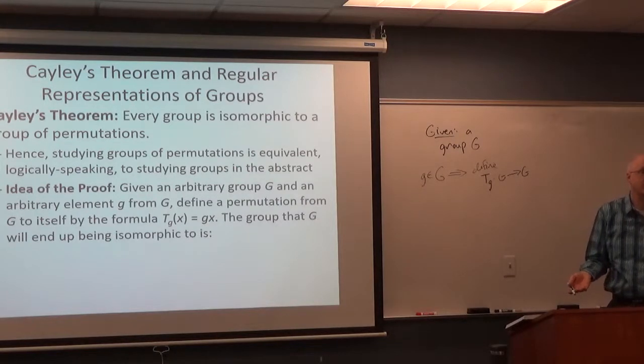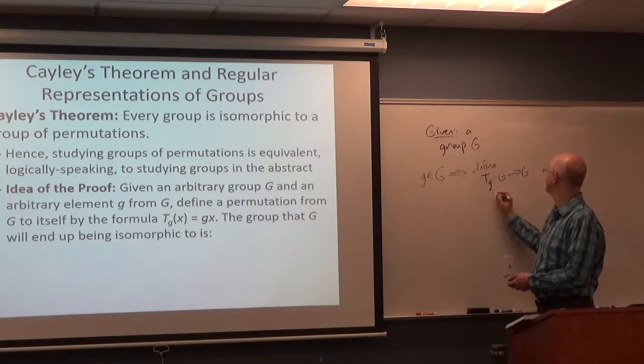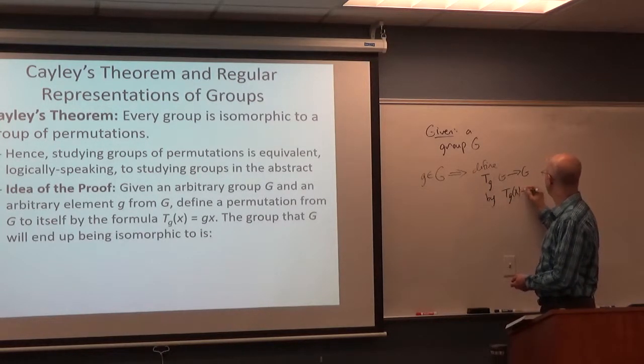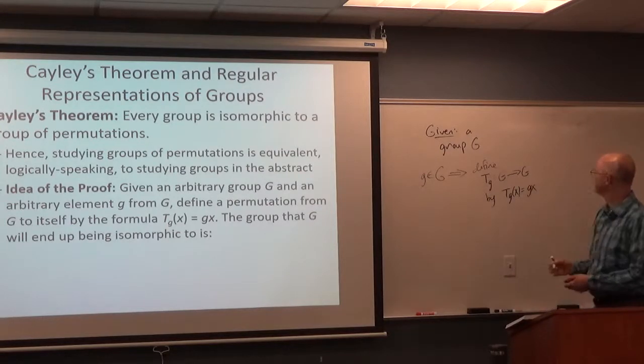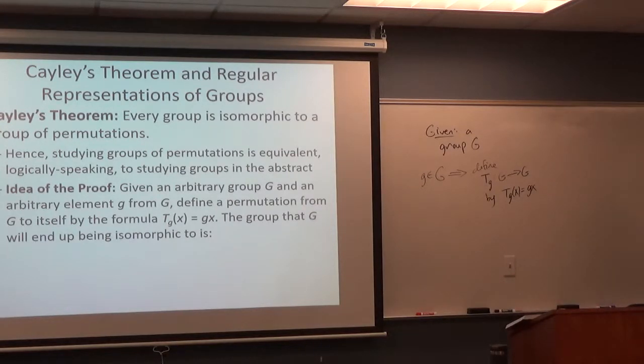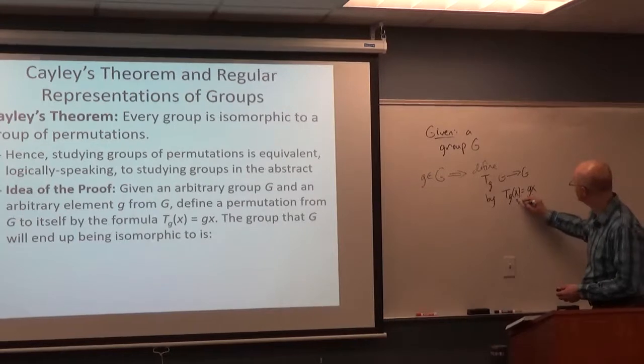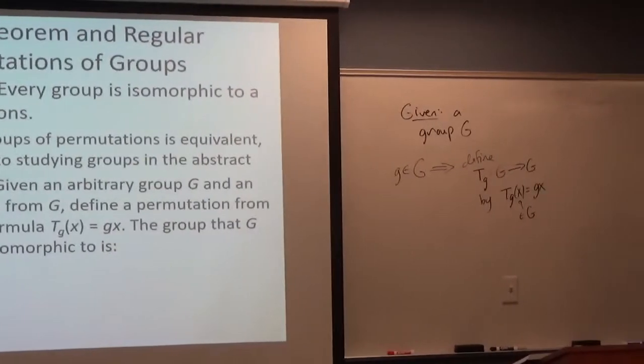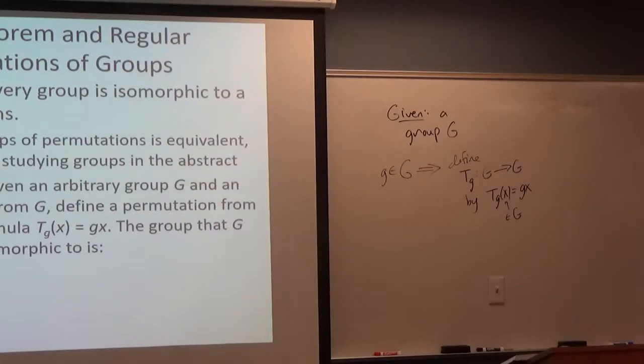I can consider the group of permutations, all permutations on G. What kind of formula? Here's the formula. For an arbitrary x in capital G, define T sub g of x to be g times x. It's like a linear function.